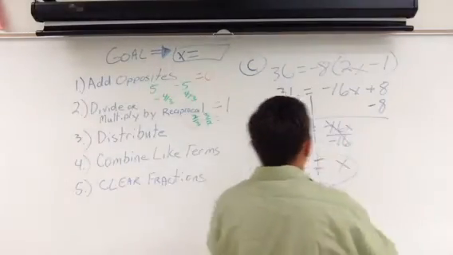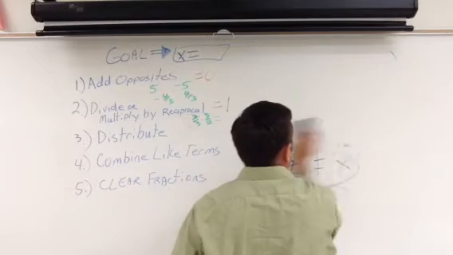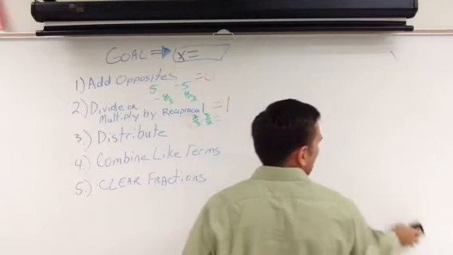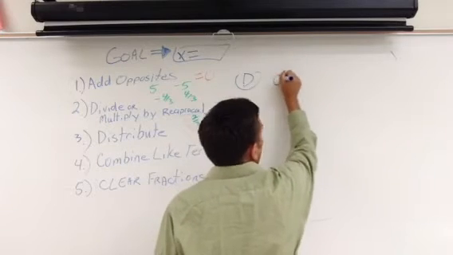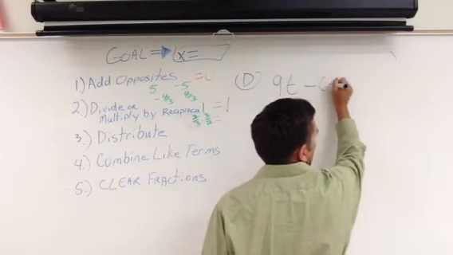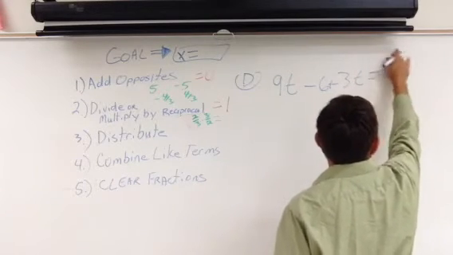Letter D. We don't have parentheses, but we end up having variables on the same side. 9t minus 6 plus 3t equals 6.